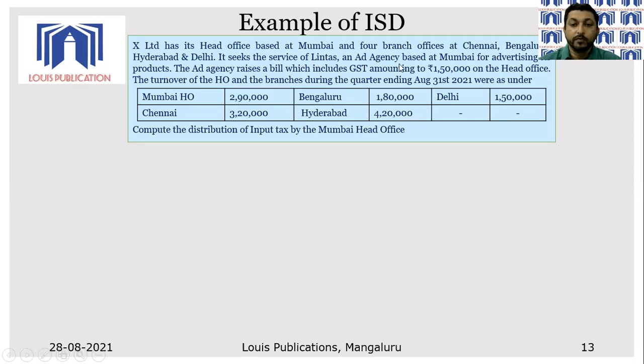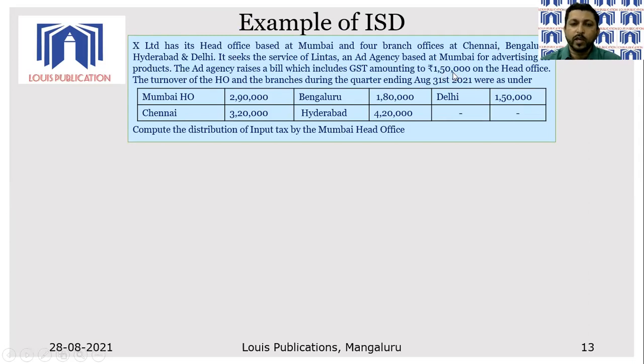So advertising service is provided by this ad agency based at Mumbai. The ad agency raises a bill which includes a GST amounting to rupees 1,50,000 on the head office. So GST amount 1,50,000, bill is raised only to head office, though the services are provided to head office, including these 4 branches at Chennai, Bengaluru, Hyderabad, and Delhi as well.